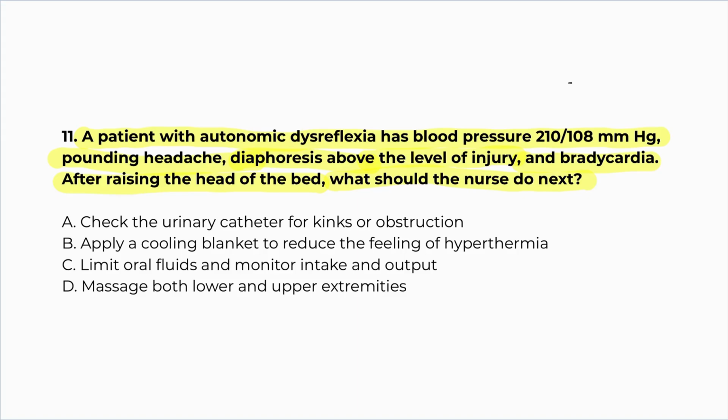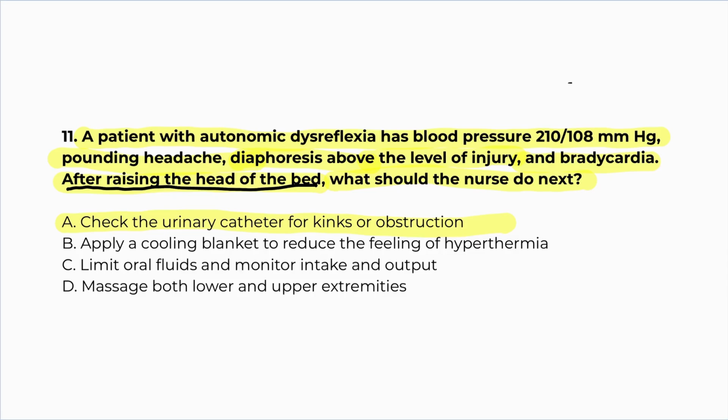In this particular question, the correct answer is checking the urinary catheter for kinks or obstruction. Why? Remember, it's asking for the second thing you need to do because it says after raising the head of the bed. Raising the head of the bed is a priority for an autonomic dysreflexia patient because we want to lower that blood pressure quickly.